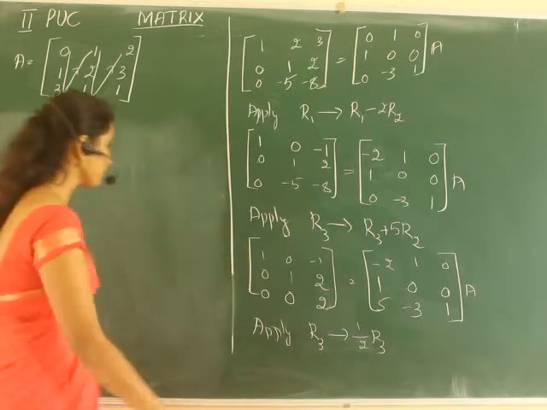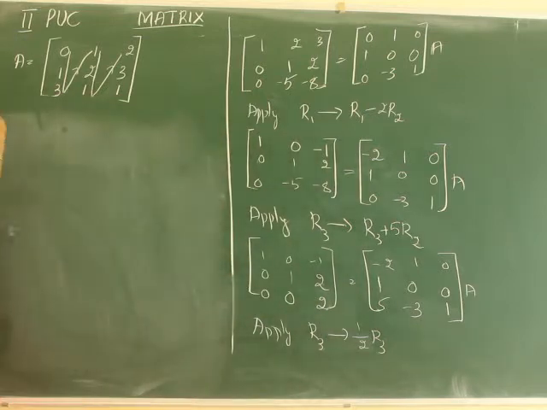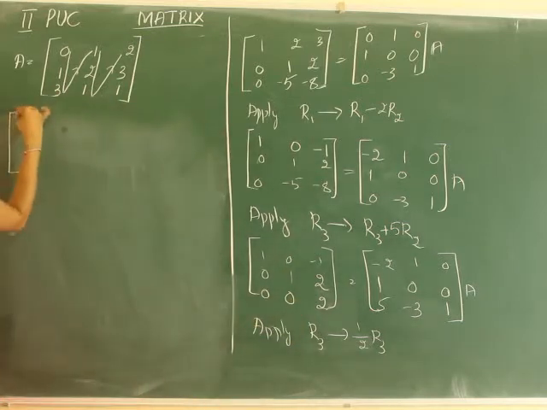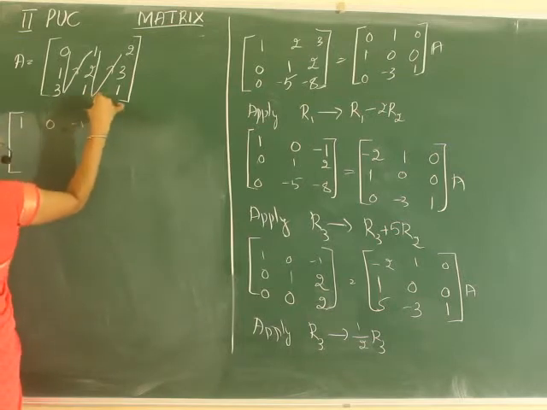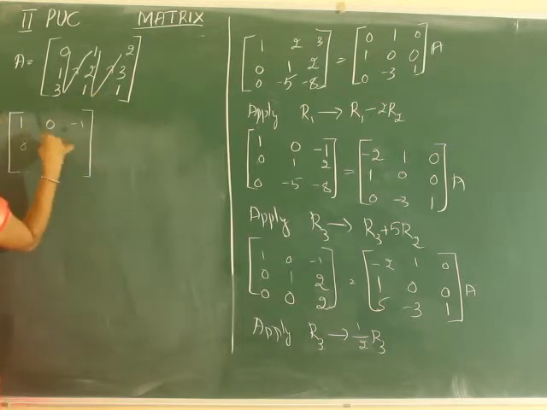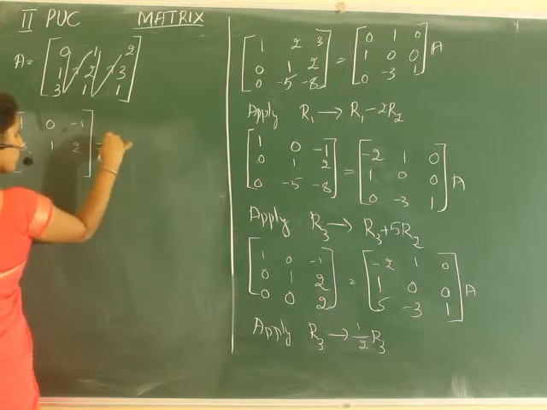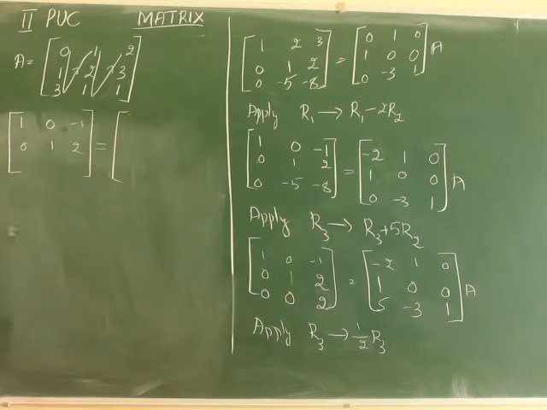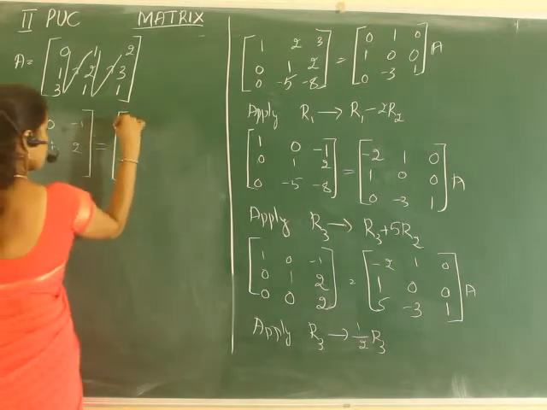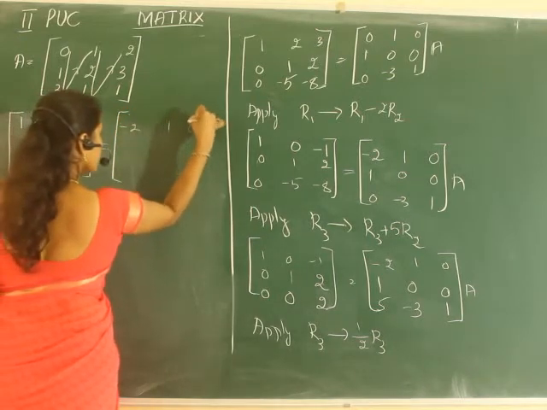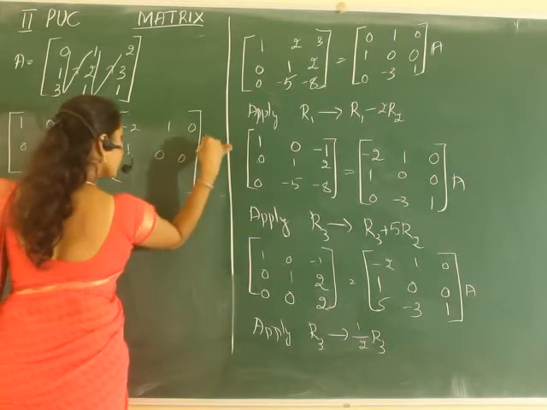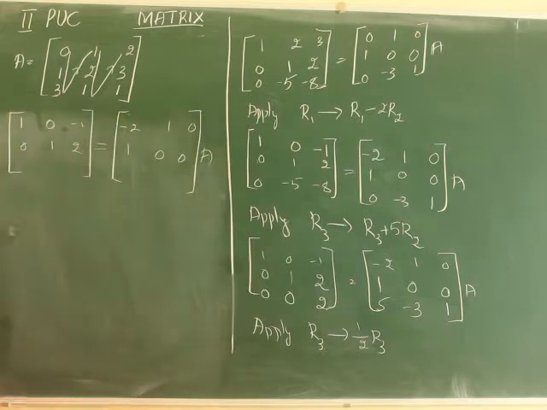So R3 changes. R1, R2 as it is: 1 0 minus 1, 0 1 2, minus 2 1 0, 1 0 0 into A. I am changing only R3 now.